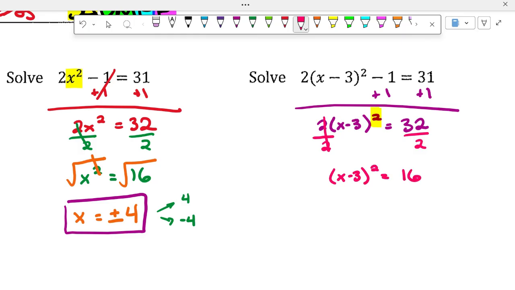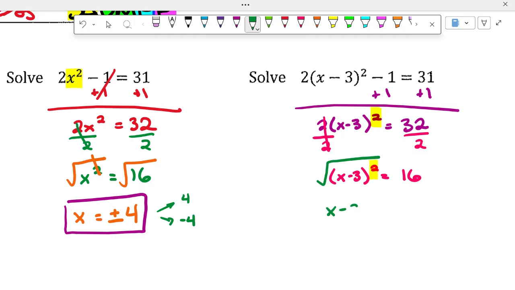Now, think SADMEP. So we did the SA part of SADMEP. We did the MD part of SADMEP. What does that leave me with next? Not parentheses. Exponents. So I need to take care of that square first before I take care of what's inside the parentheses. So how do I take care of the square? Square root.